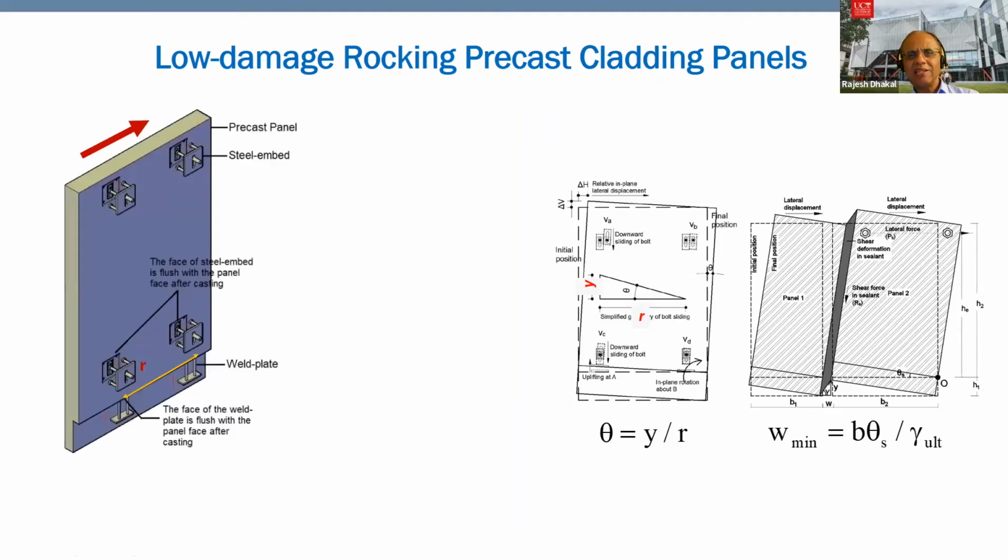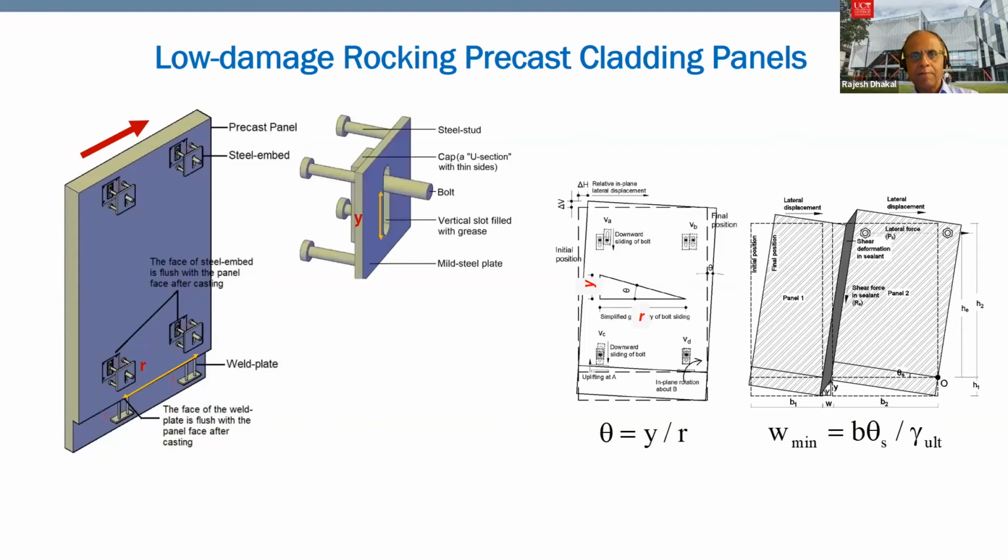So by applying this concept, we came up with the idea of a precast concrete rocking panel, which has 4 steel embeds that enable rocking motion, and 2 weld plates that are used to transfer the gravity load of these panels and also provide a rocking interface, so that there is no stress concentration on the concrete and there is no localized crushing of concrete.